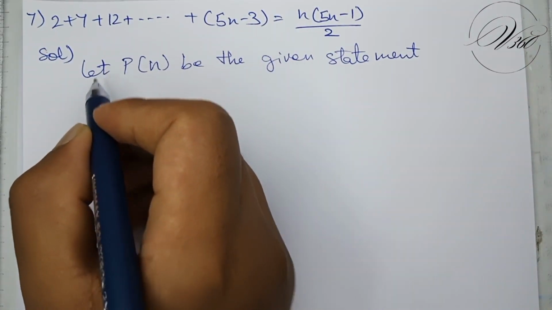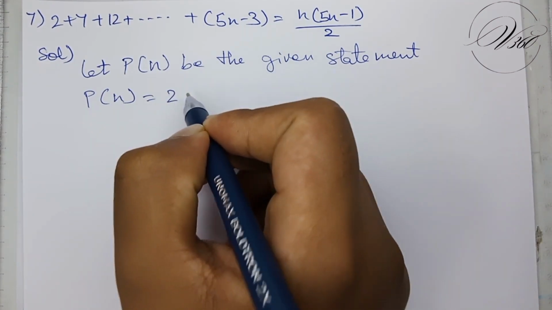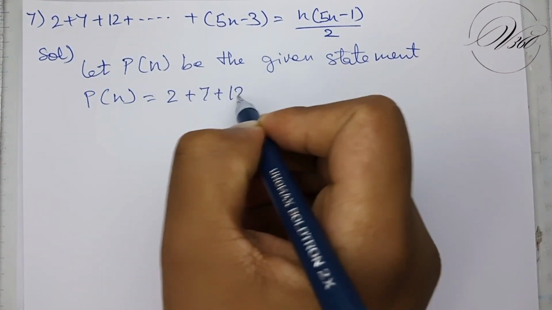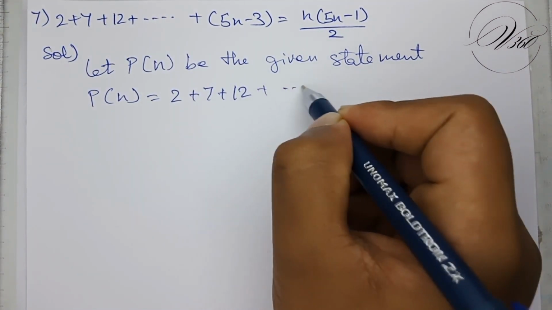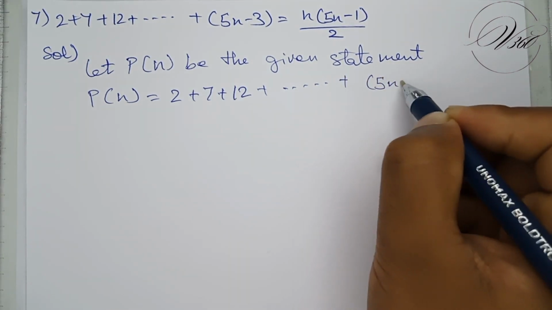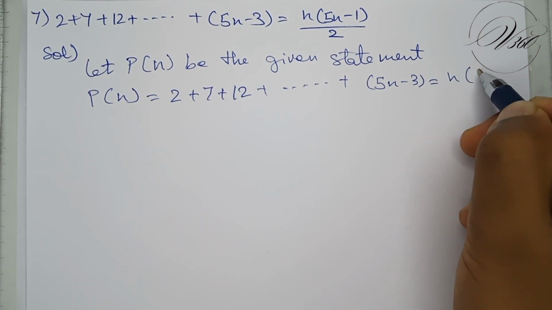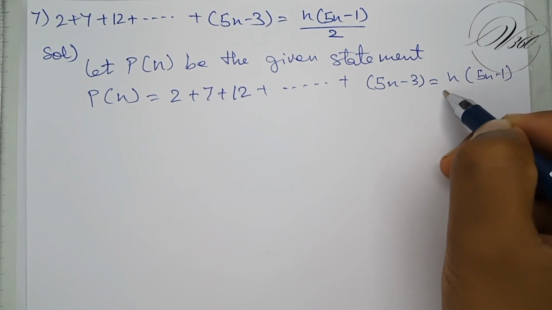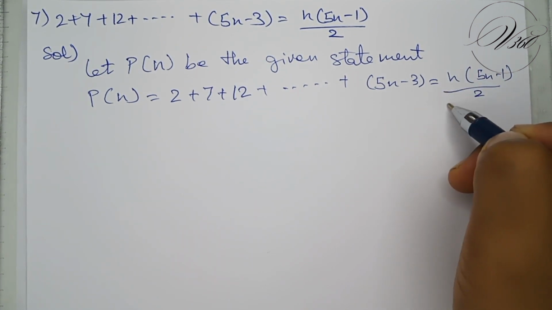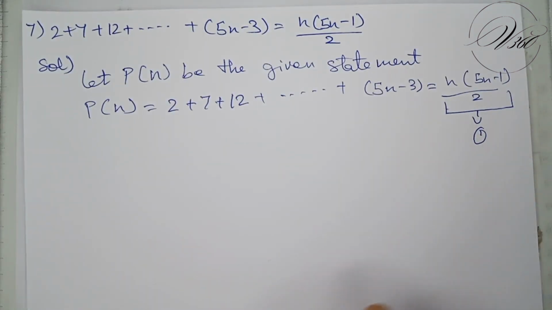P of n is equal to 2 plus 7 plus 12 plus up to 5n minus 3 is equal to n of 5n minus 1 by 2. This is the first equation which we get.